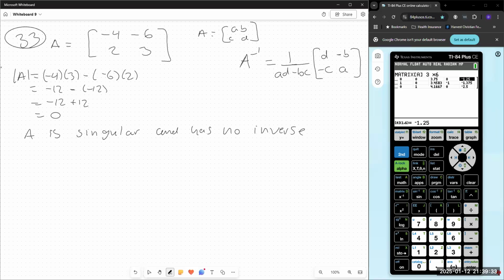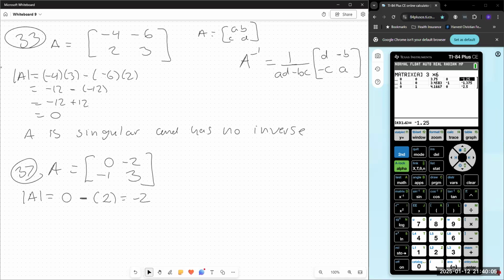Number 37, have A is equal to 0, -2, -1, 3. So let's check before we go any further and see if we have a non-zero determinant here, since I can't divide by 0. 0 times 3 is 0, minus -2 times 1 is 2. -2 is my determinant.